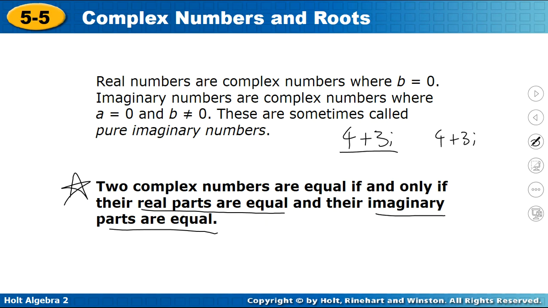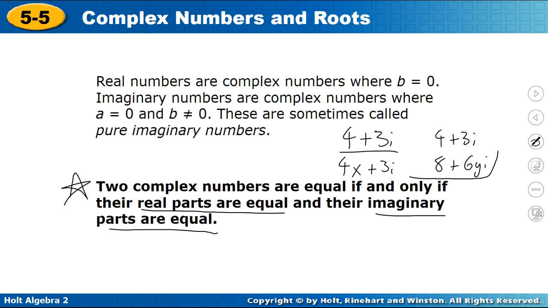But the problem that we're going to run into in these examples is we're going to throw x's and y's in here. And we're going to have to find the value of those x's and y's to make these equal. So for instance, I could have the complex number 4x plus 3i, and I can have the number 8 plus maybe 6yi.